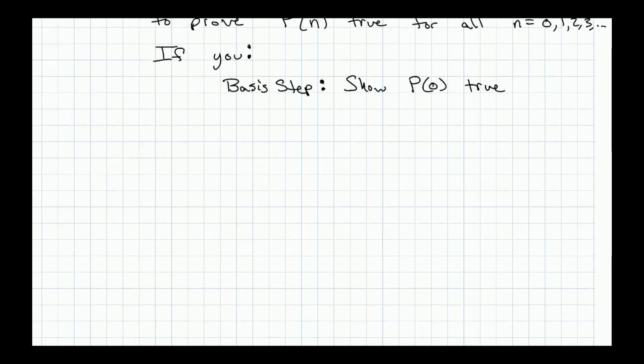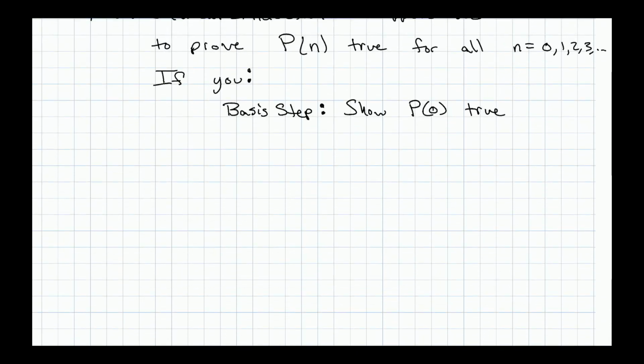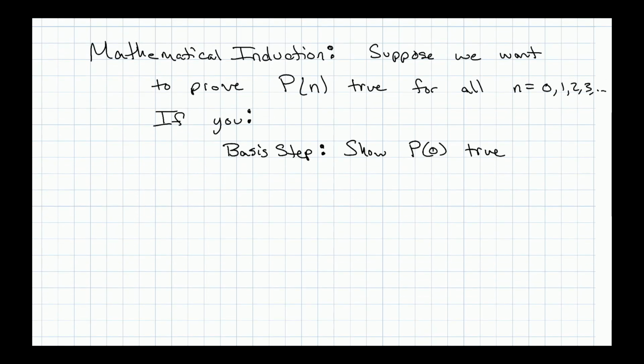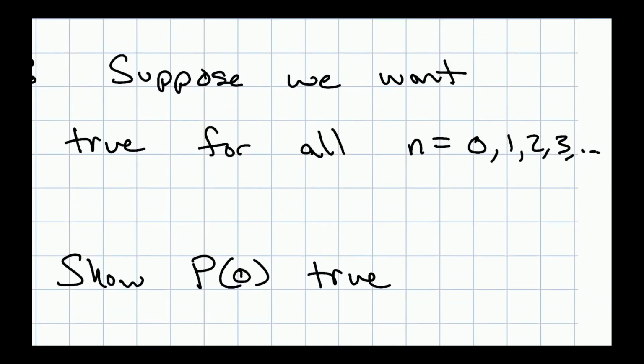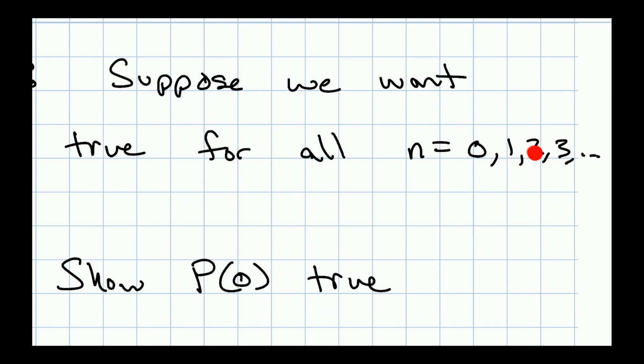Well, what that means is if, like, suppose we knew that the property was true for n equals 2. So like P2. So if P2 was true, and somehow the fact that P2 was true forced P3 to be true.